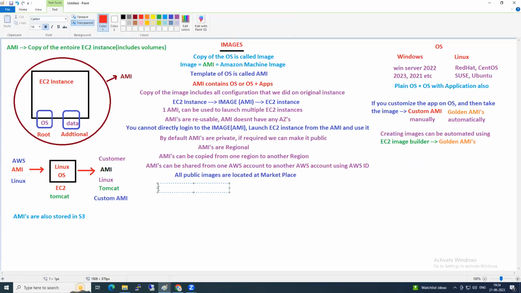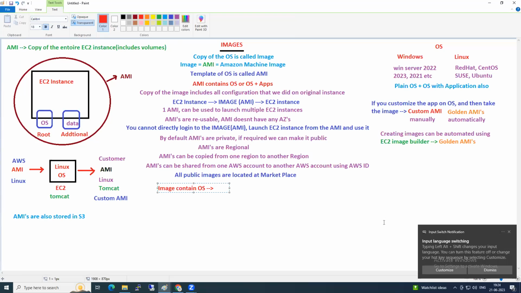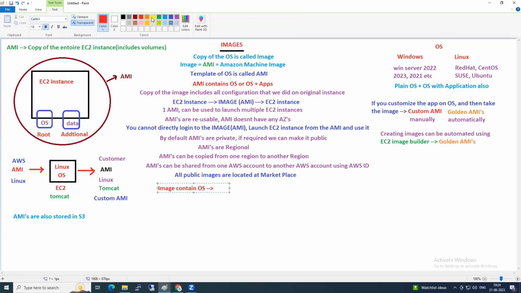What does the image contain? OS. Very good. Where is this OS sitting? In which volume? Root volume. Very good. Is the root volume EBS or instance store volume? Can your OS also sit in the instance store volume?